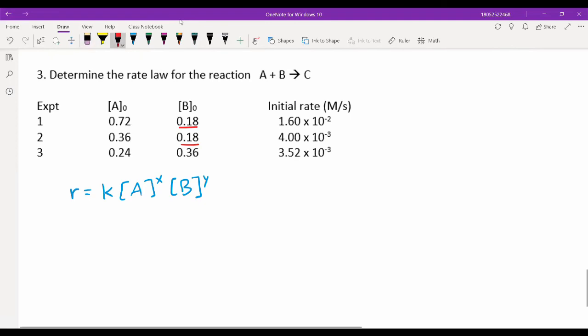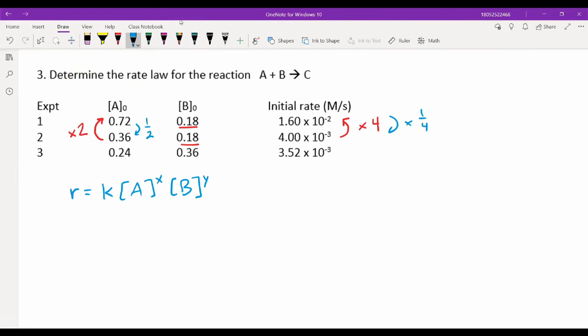Actually, for me, it's always kind of easier just to do the bigger change. So going from 2 to 1, that's changing by 2, and then the rate's changing by 4. But again, you could also go this way, where you go 1/2, and then this way is times 1/4, right? So it doesn't matter which way you do it.